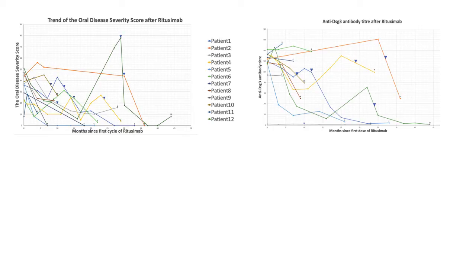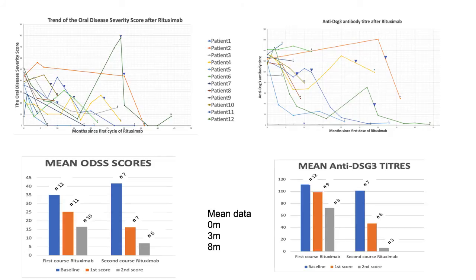This is 12 patients of mine, and you can see each colour line is a different patient, but over time, post-rituximab, gradually oral scores have improved, the desmoglein titers have improved, and here summarised, meaning that data, you can see baseline, 3 months, 8 months for scores after the first course, and for some needing a second course, and the same for the titers, that there's a progressive improvement.